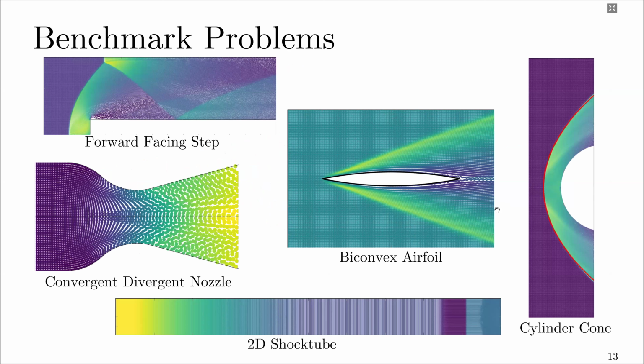We have a forward-facing step with multiple shock wave interaction and oblique shock interactions. We have a cylinder-cone flow, with a bow shock forming ahead of a blunt body. We have a biconvex airfoil, which is flow around a slender body. All these work right now.